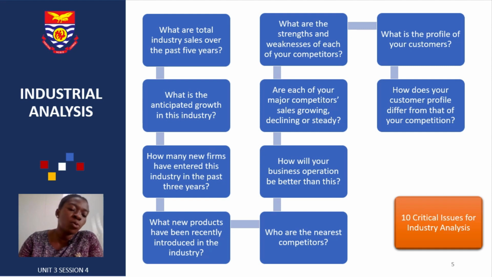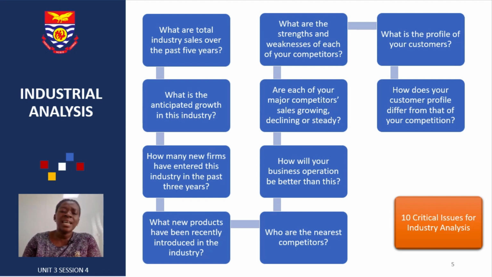If you are into food, fruit making, juice making, and all those things, you're in the food processing industry. And so there are things within that industry that are also going to affect your business and influence it. That is why we looked at the environmental factors in the earlier unit as well.